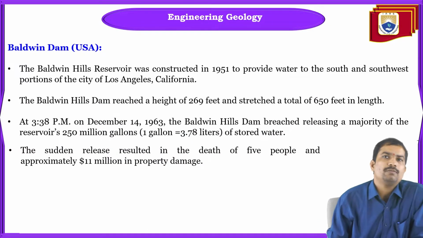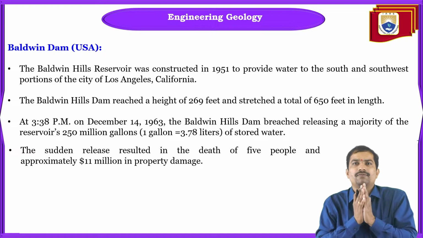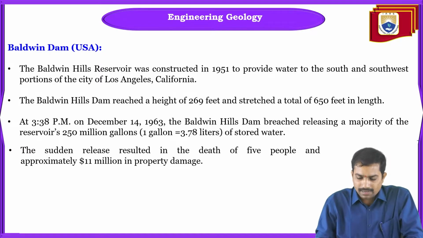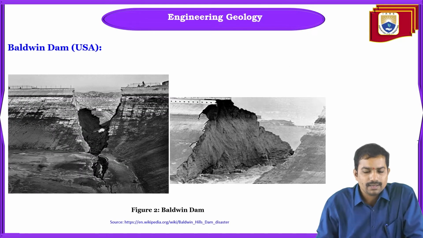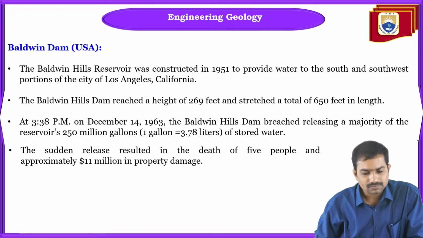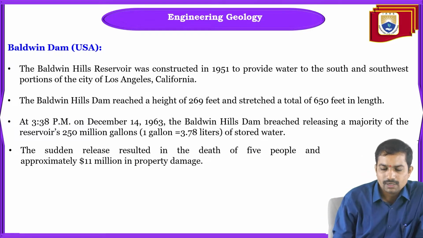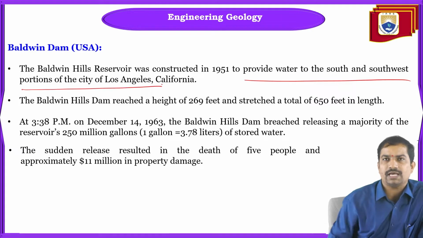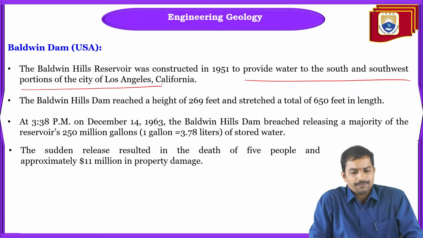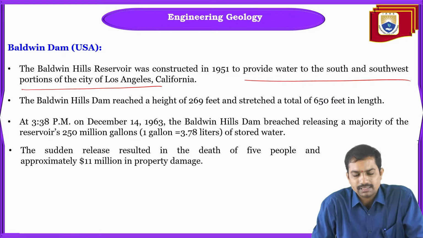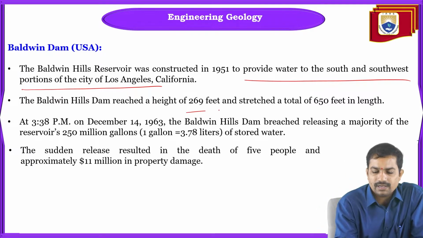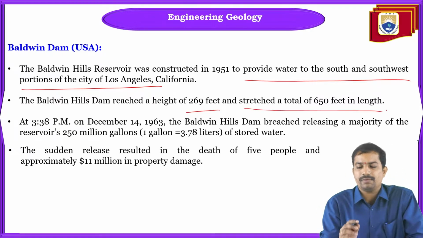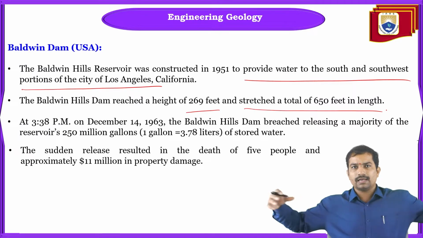Now coming to one more classical example, which is Baldwin Hills Dam, where this dam was constructed to provide water to the south to southwest portion of Los Angeles, California. The Baldwin Hills Dam reached a height of 262 feet and stretched 650 feet in length.